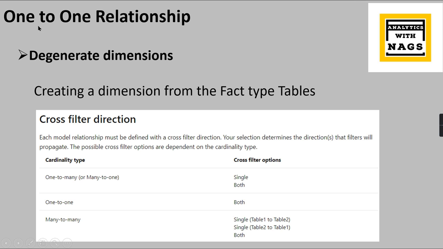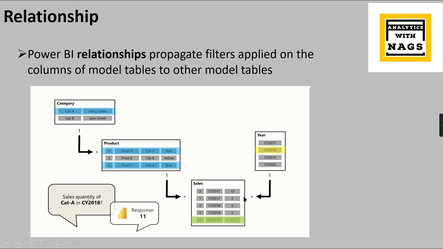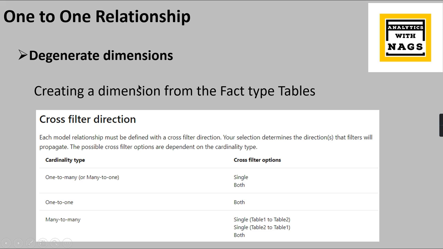Then where does one-to-one come in? People are really not aware of when we need to create a one-to-one relationship, because all the modeling principles say you need a star schema, and a star schema is always one to many. But where will you have the one-to-one relationship? Basically you need to understand the concept called degenerate dimension, which is nothing but creating a dimension from the fact type tables.